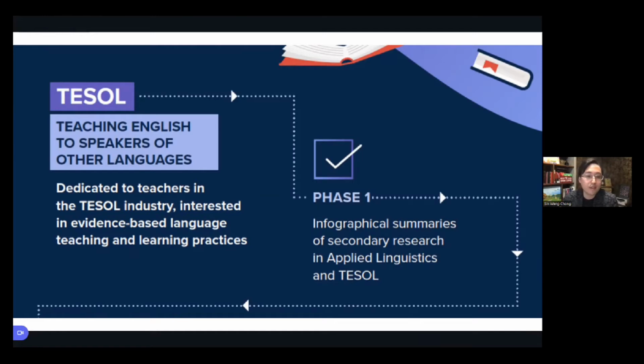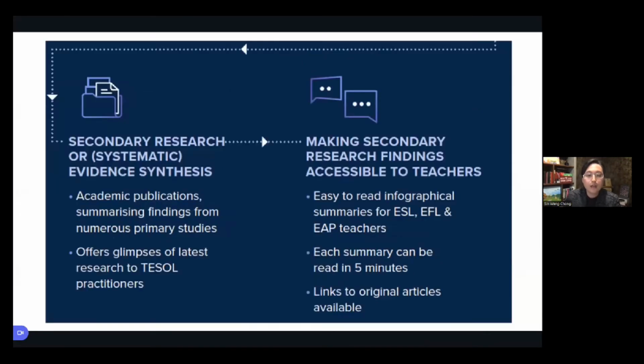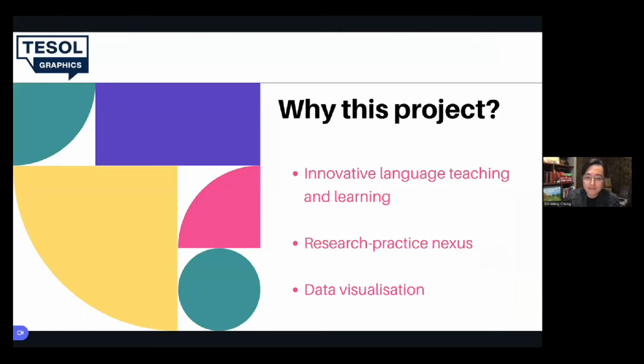In the future, there may be a chance for us to focus on L2 in general, or foreign language learning in general, but this is where we are at the current stage. So we aim to provide a one-page, visually attractive piece that summarizes a piece of secondary research that teachers can read in 5 minutes.